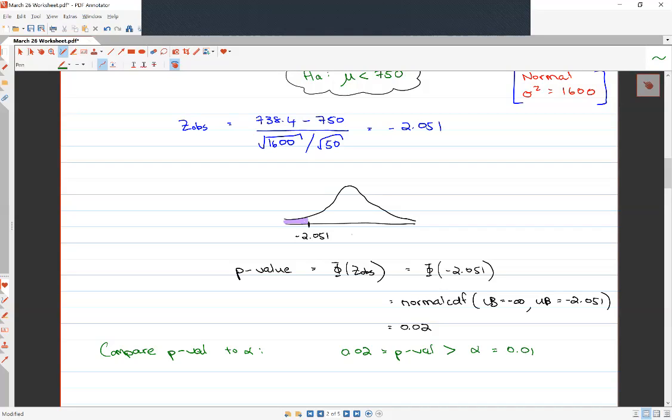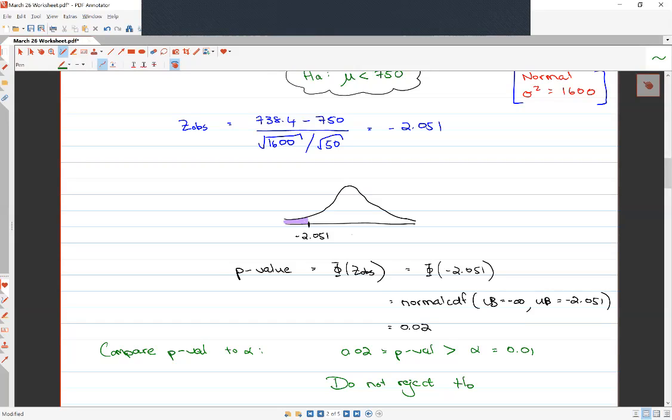So large p-value, informally that tells you large probability that the null hypothesis is true. This is always a relative comparison. It's small if it's below alpha, it's large if it's above alpha. So in this case, p-value is above alpha, which means we do not reject the null hypothesis.